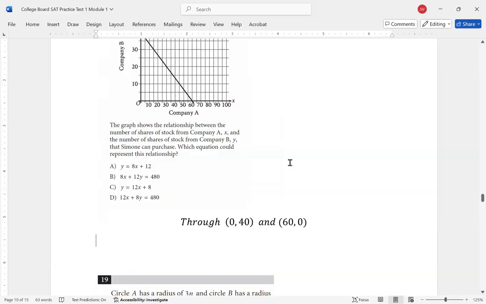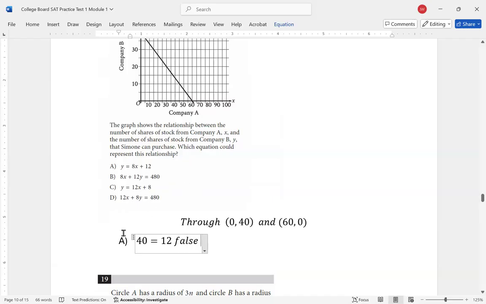For instance, if you plugged in 0, 40 into the part A, you would get 40 for Y, and then 8 times 0 is 0. And so 0 plus 12 would be 12. You get a false statement.